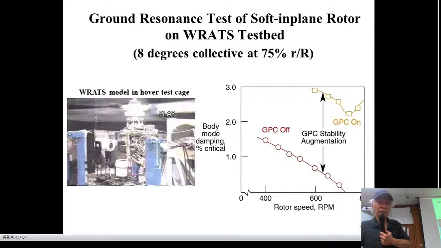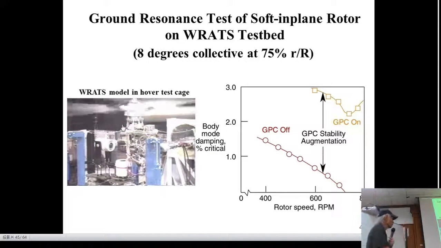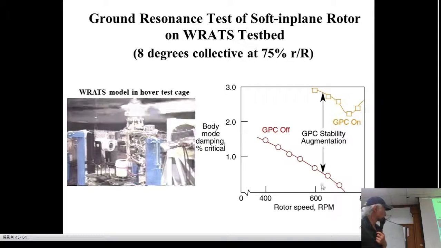Okay. And the next one. Let me go to the next one. There's a movie here. I want to show you this movie, and then I explain the chart on the right hand side. Okay, you look carefully on this movie. When this rotation speed comes up to about 750, they are oscillating. That's the oscillating.